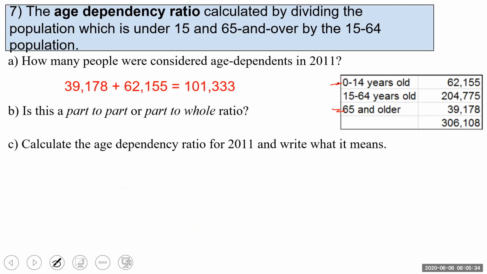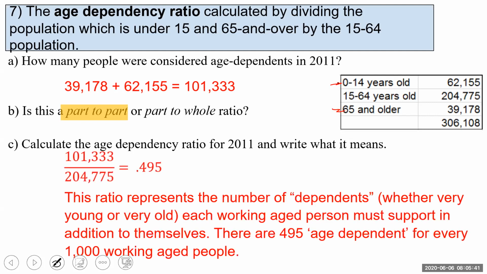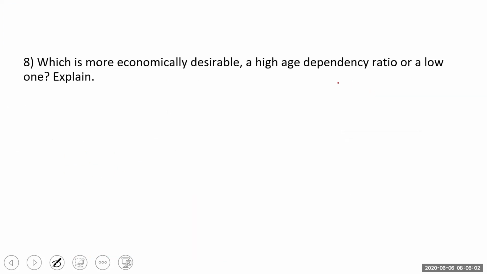All right, now you do that and that is a part to part. It's still a part to part. Now, this ratio represents the number of dependents, so people who are dependents, each working age person must support in addition to themselves. Is that okay? So you see there are 495 age dependents for every 1,000 working age people. Okay.